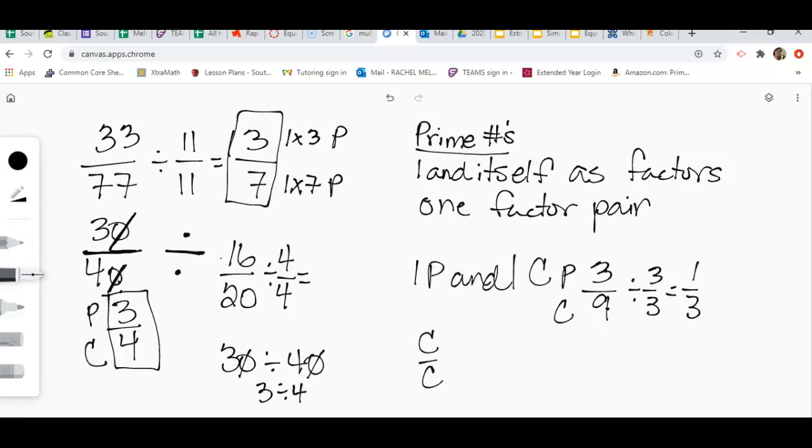So 16 divided by 4 is 4. 20 divided by 4 is 5. So now I have to see if this is simplest form. 4 is composite and 5 is prime. Does 4 fit into 5 evenly? No. Does 5 fit into 4 evenly? No. So that means 4/5 is simplest form.